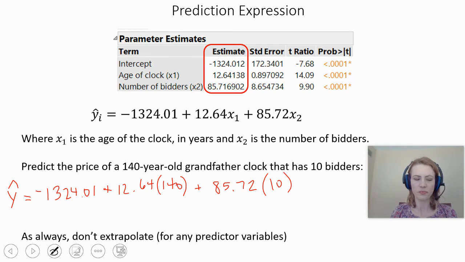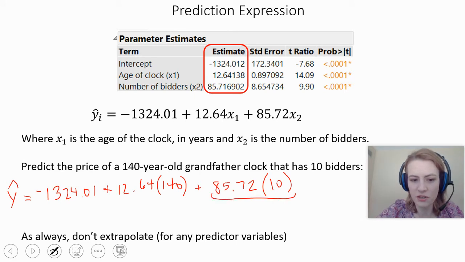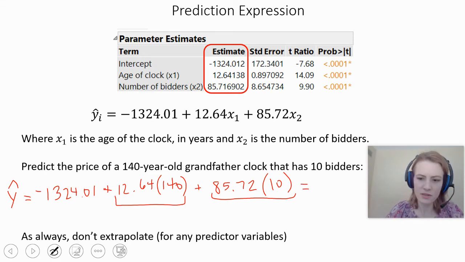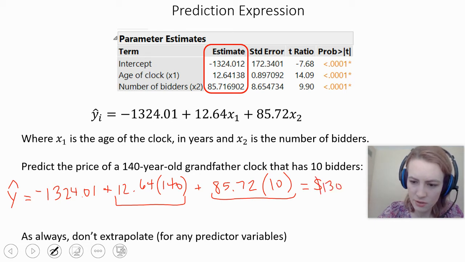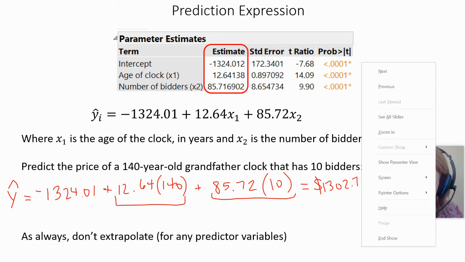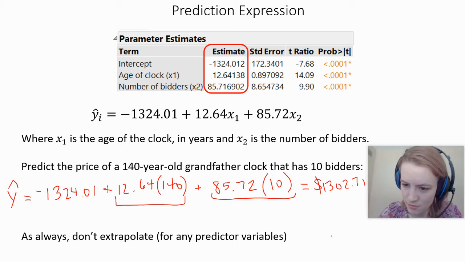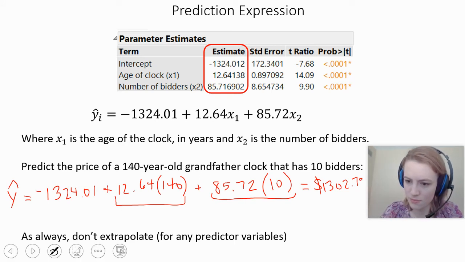All right, so just remember your order of operations. Make sure you do your multiplications first before you add everything up at the end. But I worked this out a few minutes ago, and I got $1,302.79. There we go.